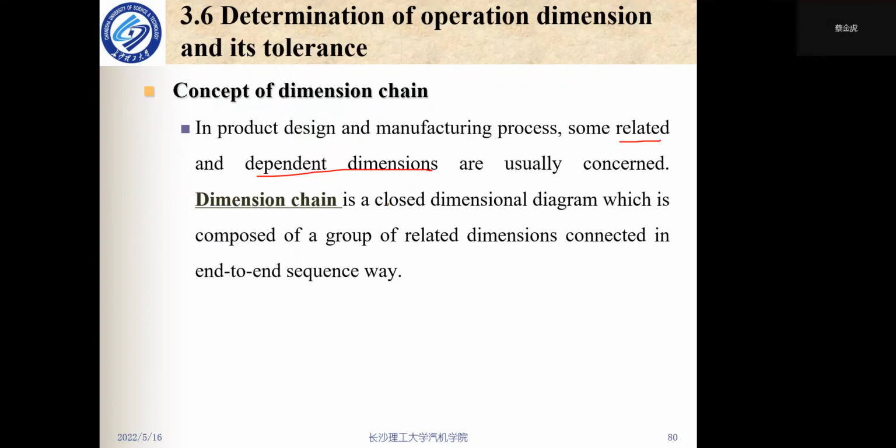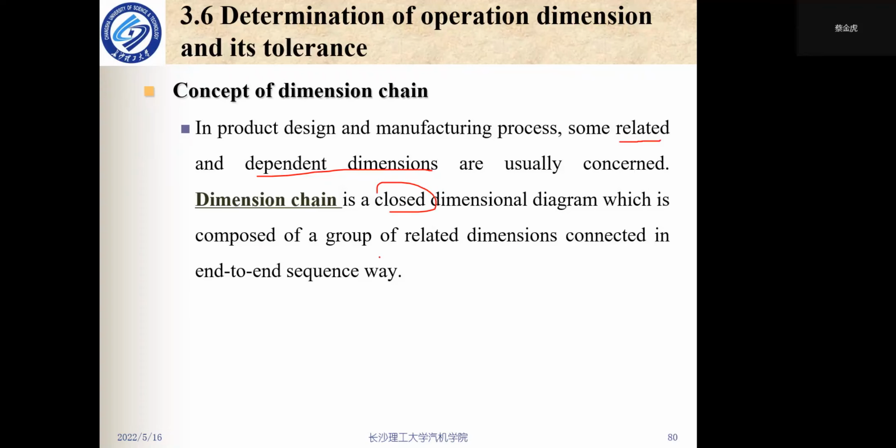Dimension chain is a closed dimensional diagram which is composed of a group of related dimensions connected in end-to-end sequence way.